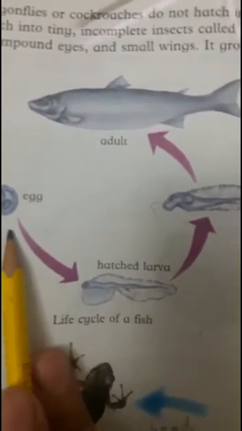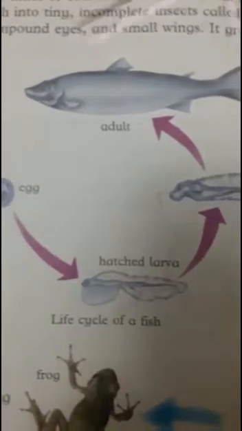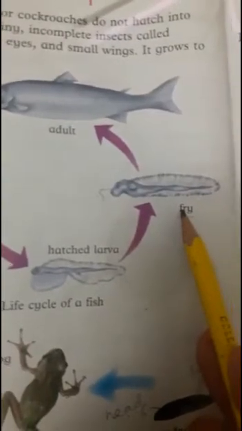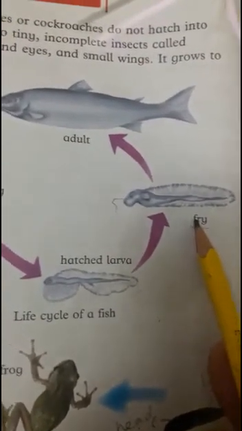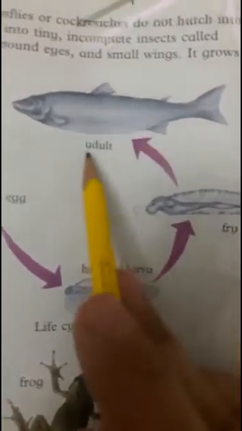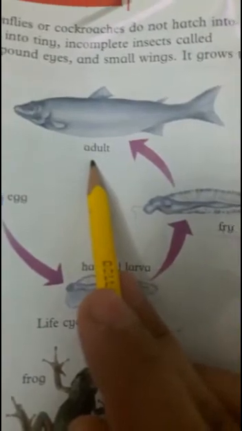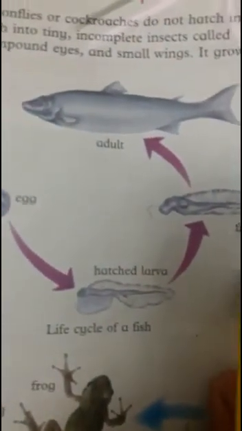The male fish looks after the eggs for 7 to 10 days, and when they hatch, the young fry are kept in the nest for a month before they begin to swim and feed freely. And the fry grows to become the adult fish. This is the life cycle of a fish.